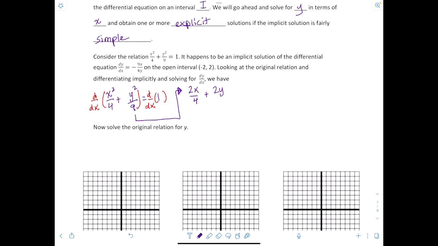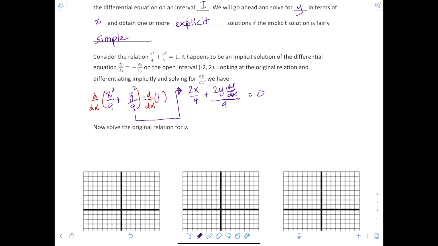Actually, it said to use dy dx, so we'll use dy dx. 2y times dy dx over 9, so that one was implicit. And that's going to equal 0, because the derivative of a constant is 0.